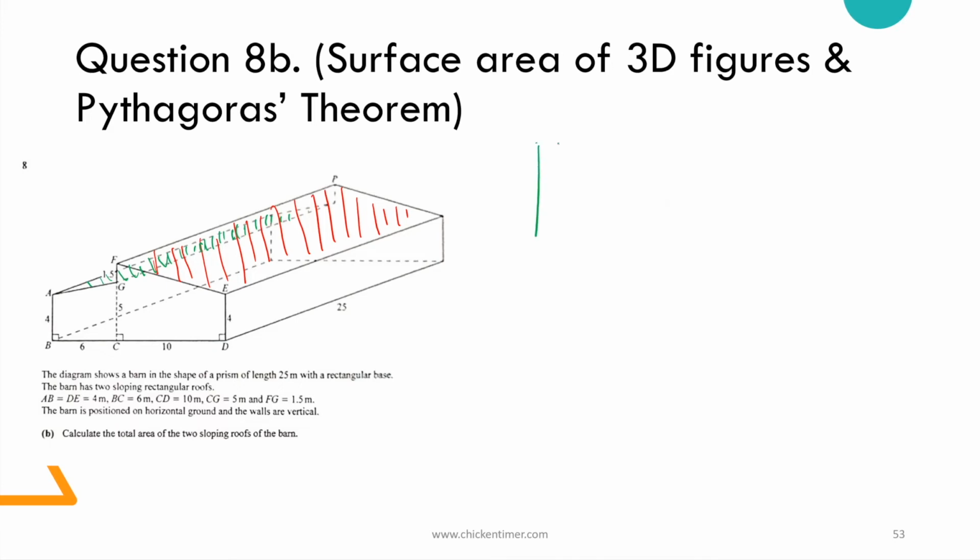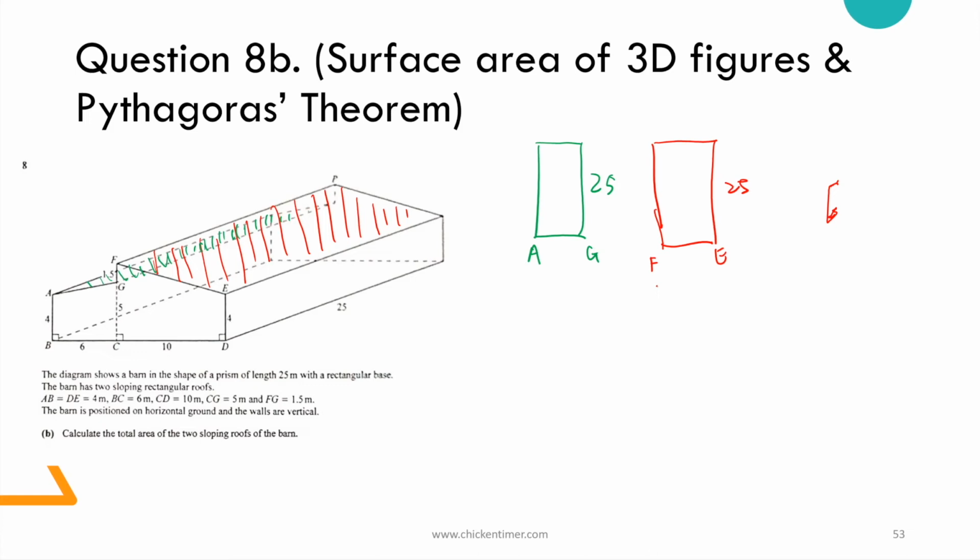So the one behind will be a rectangle with AG here and 25. Then the red one will be FE and 25. So which means you have to find the length of AG and the length of FE.